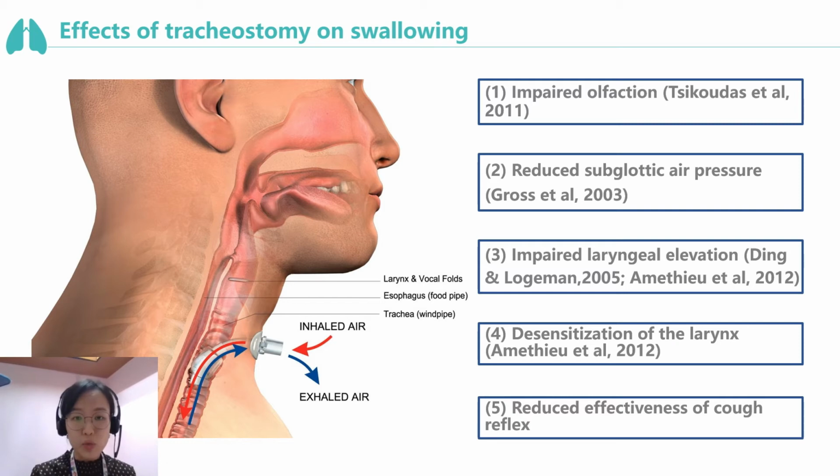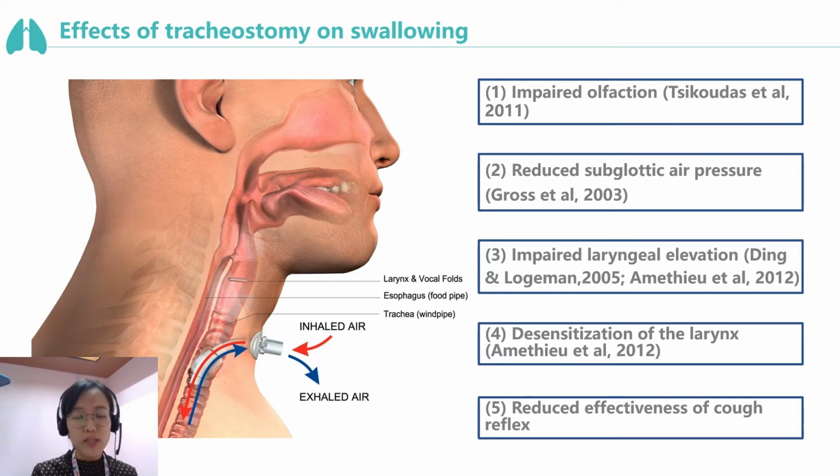For normal people, we breathe through the nose. But for tracheostomized patients, they breathe in through the tracheostomy, and on exhalation the air comes out from the tracheostomy as well, which means that the air has bypassed the nasal airway. So it creates a sort of dead zone over the nasal and mouth area.